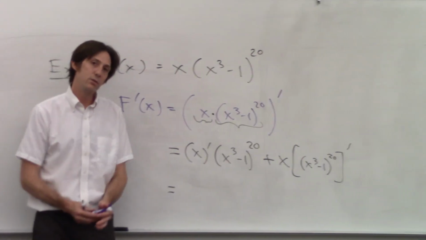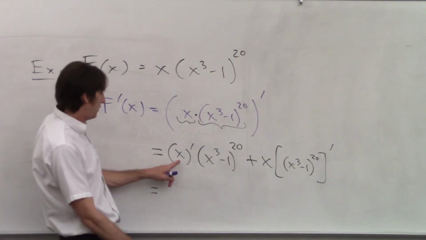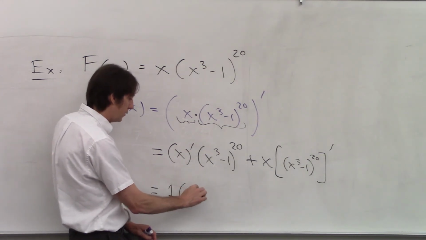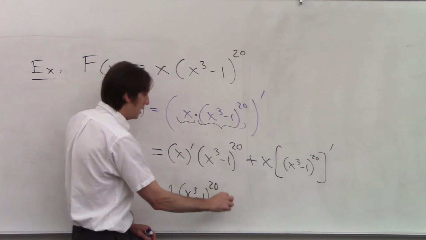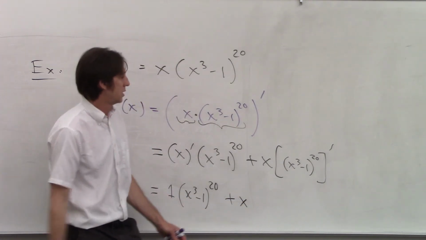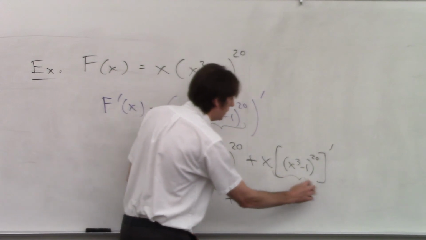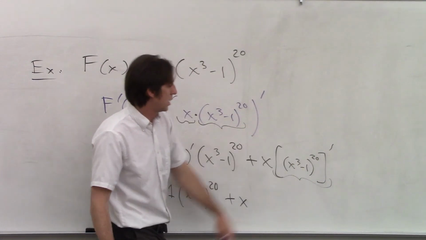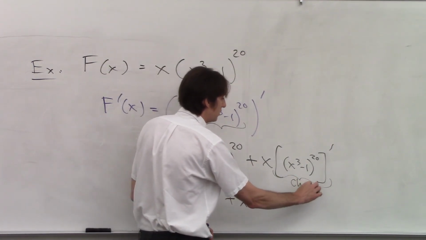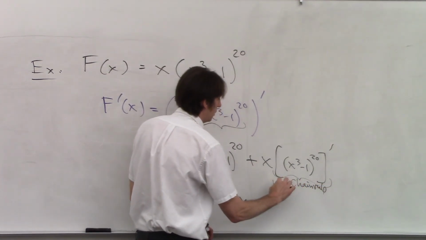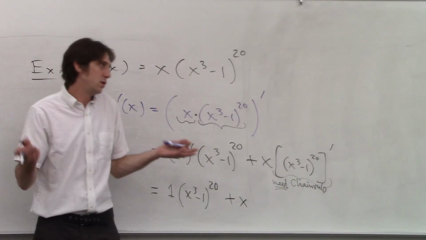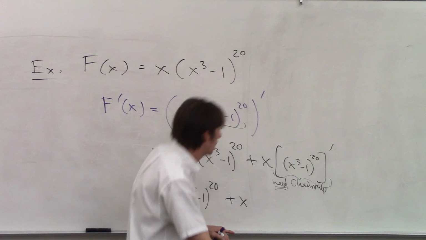So now I can try to do these derivatives. The derivative of x is 1. It's being multiplied by the second factor. And then I'm adding x times the derivative of x cubed minus 1 to the 20. For this derivative here, I need the chain rule. But it's an easier one to do, just like I did on the front board a second ago.